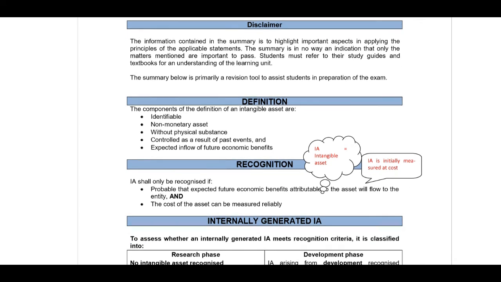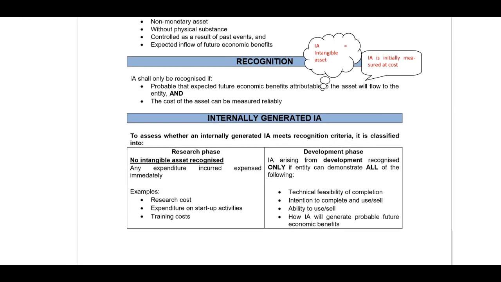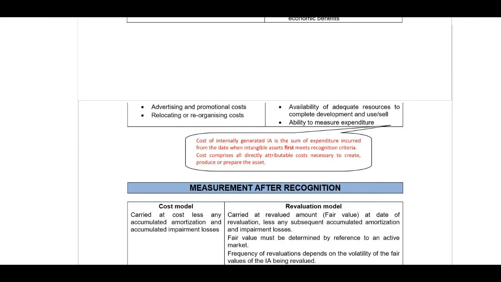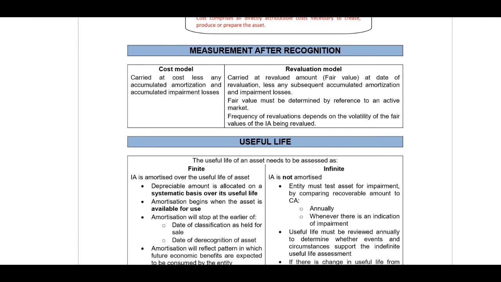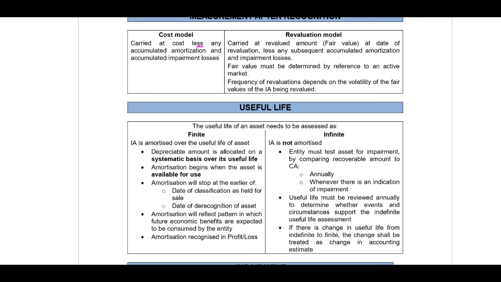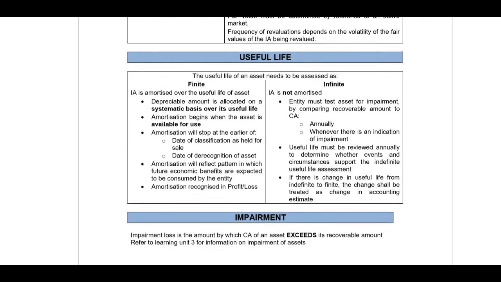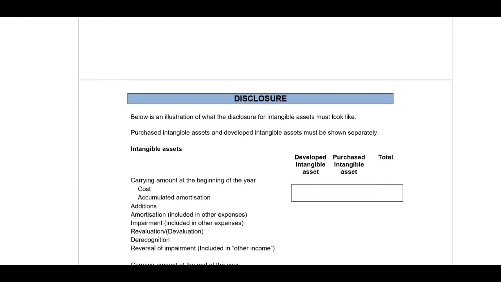We have our definition, recognition. Intangible asset shall only be recognized if, okay, you can work through this. Measurement in terms of the amount carried at cost less any accumulated amortization. We have a revalue method, which we don't actually use a lot. Our finite, our infinite useful life, impairment, disclosure.